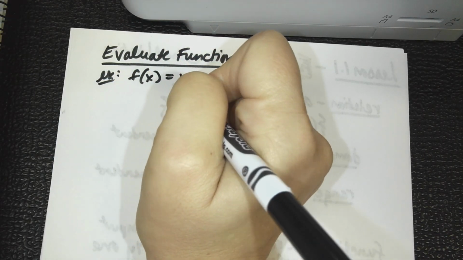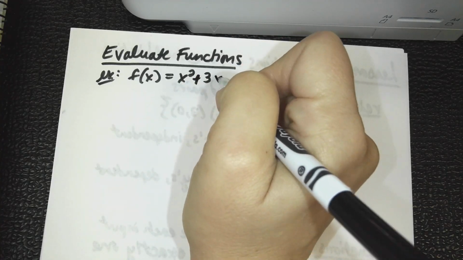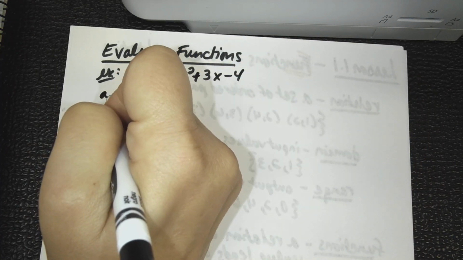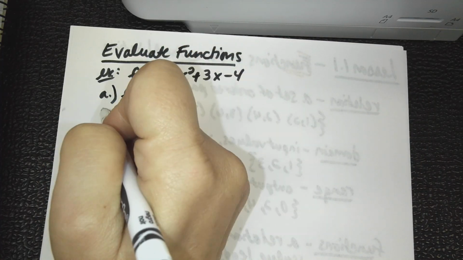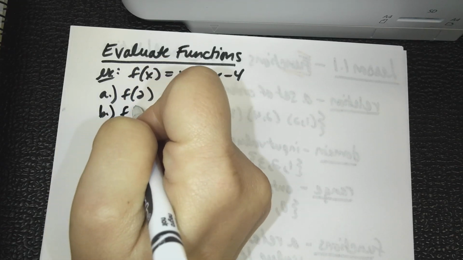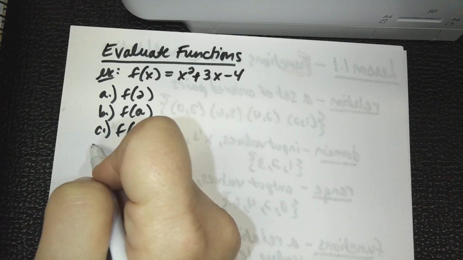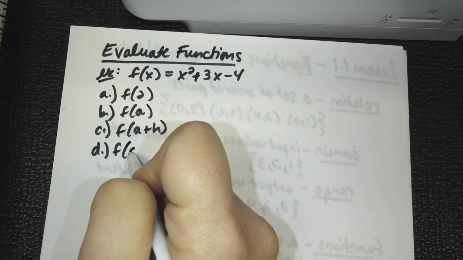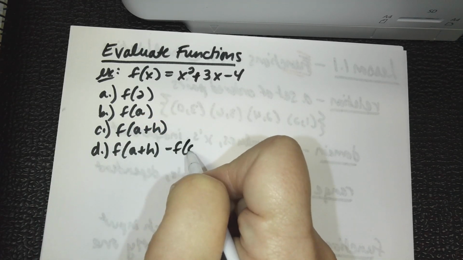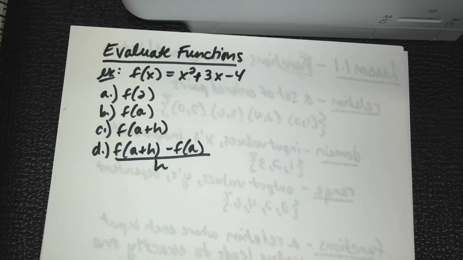So f of x equals x squared plus 3x minus 4. And then they're going to give you different things. They're going to say f of 2, f of a plus h. Ooh, let's do this one. f of a plus h minus f of a all over h. Oh, just wait. This is exciting stuff.